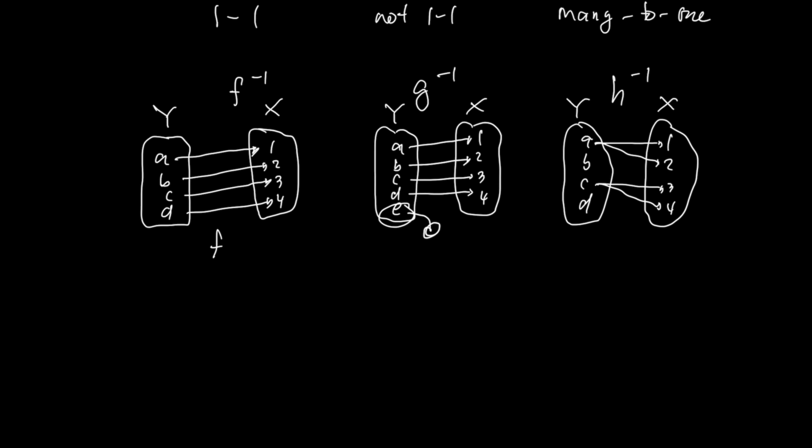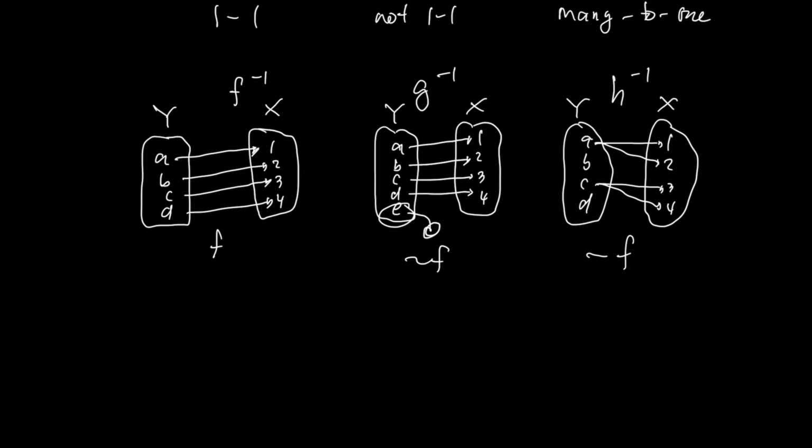E here is not mapped to any element in x, so therefore this one is not a function. For the third one, A, which is the first element in y, is mapped to 1. At the same time, it is also mapped to 2, and the mapping is not unique. So therefore, this is not a function.